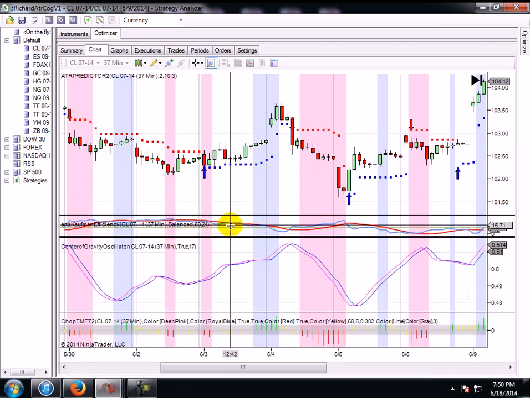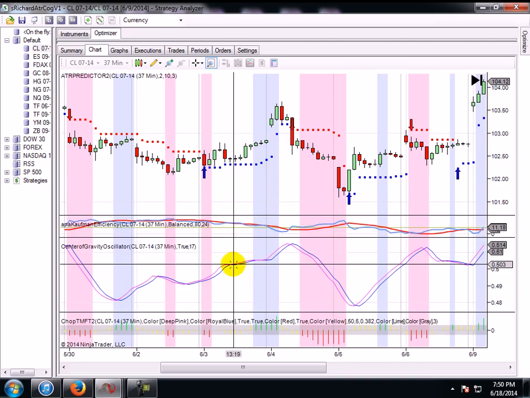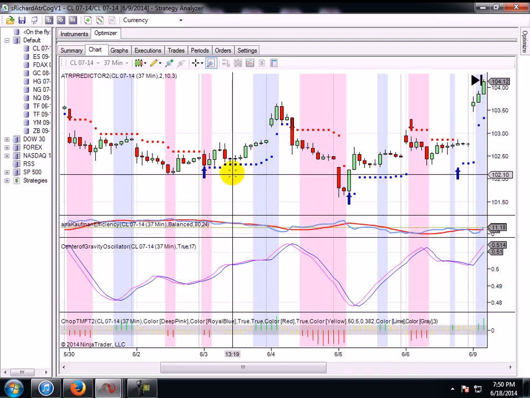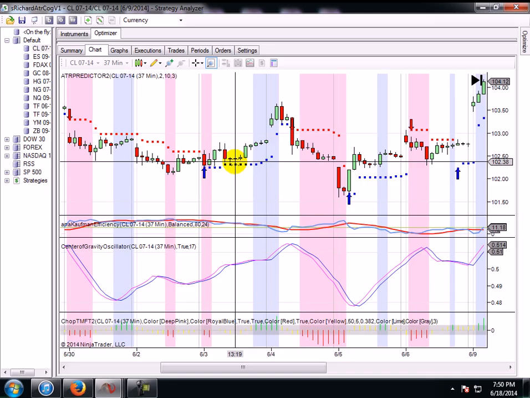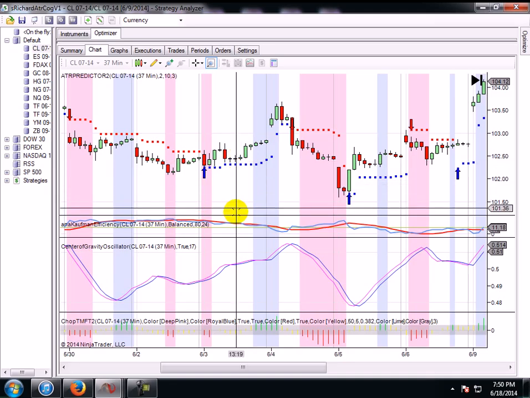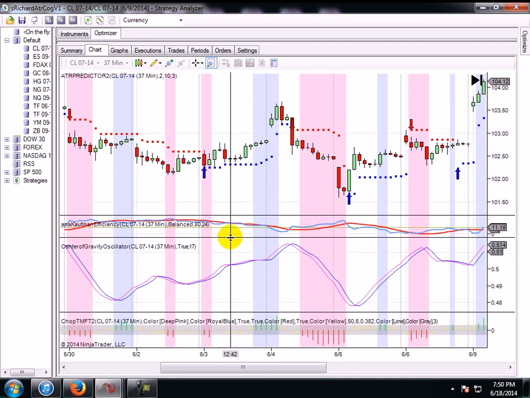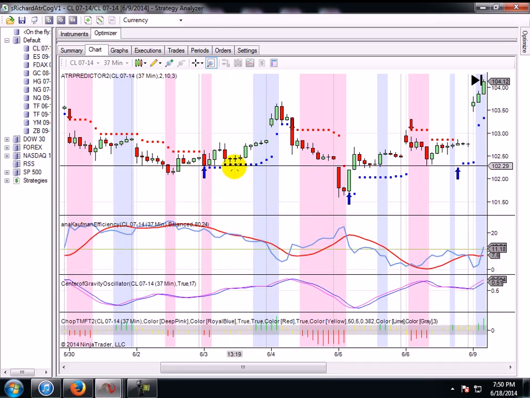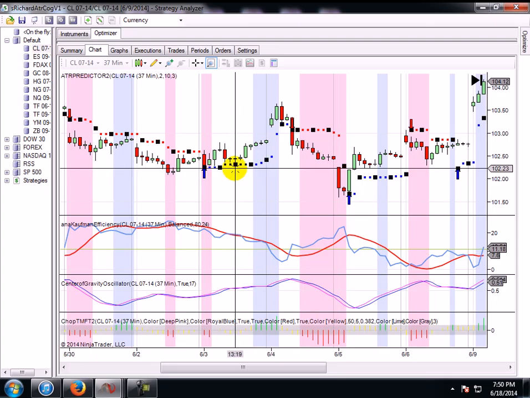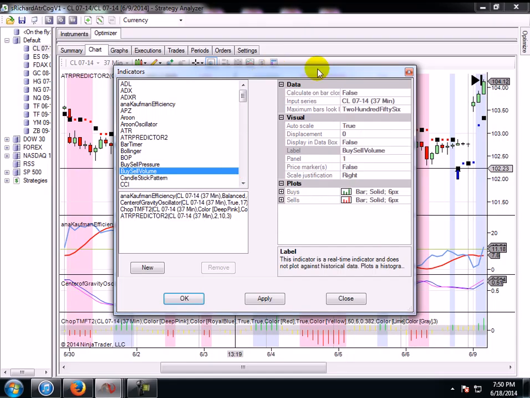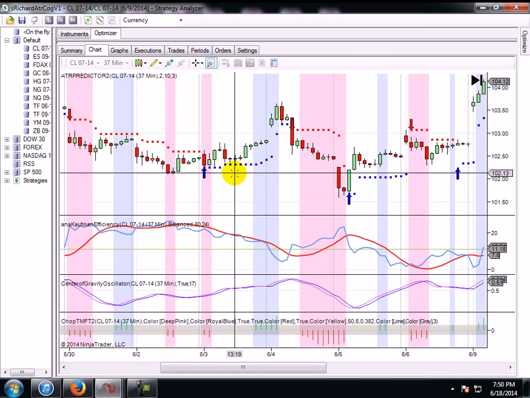The curve is in accordance there. It looks like our CGO comes up above, maybe on this bar here. Was it the second one over? Okay, so on the second candle over, we're getting the long signal from the ATR.